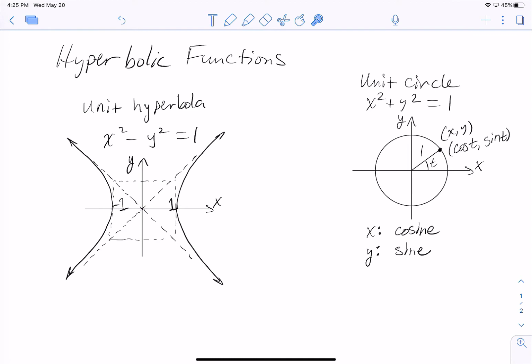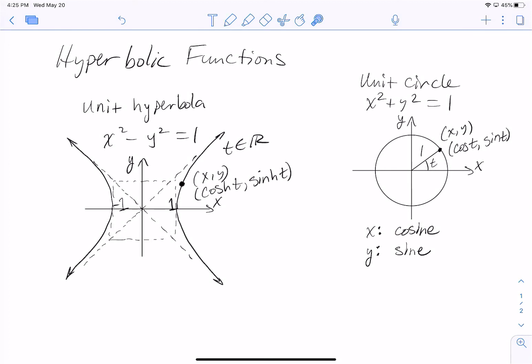Now associated with a real number t, so now we're just going to say t is a real number. We're not going to call it an angle. On the unit hyperbola, there exists an ordered pair, let's say x, y, and for any particular number t, that point has coordinates the hyperbolic cosine of t, hyperbolic sine of t.